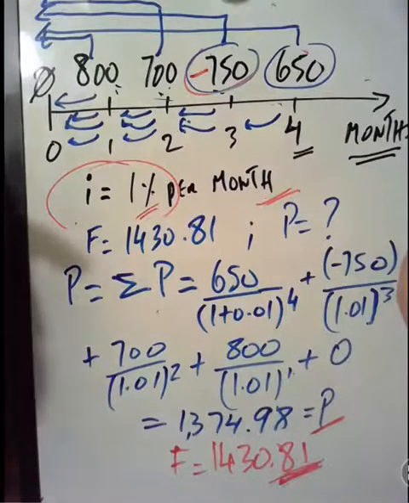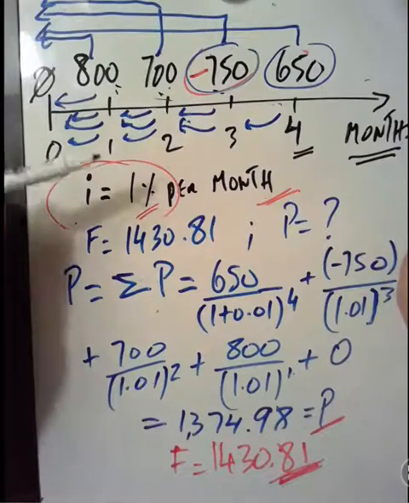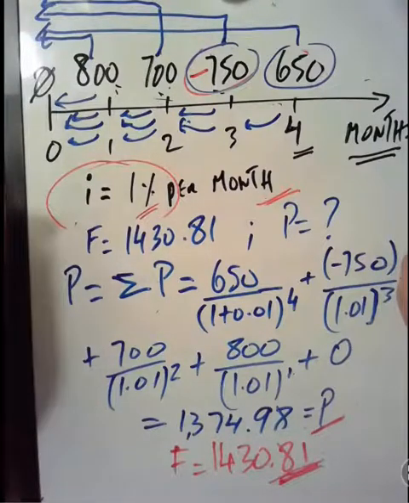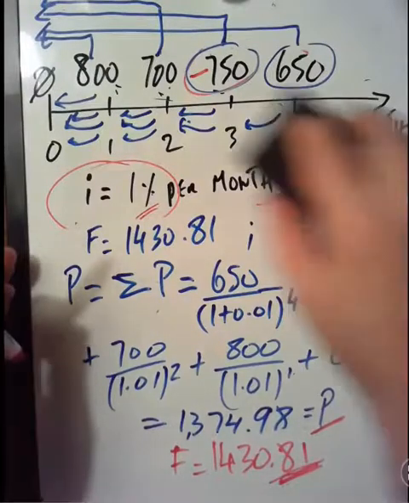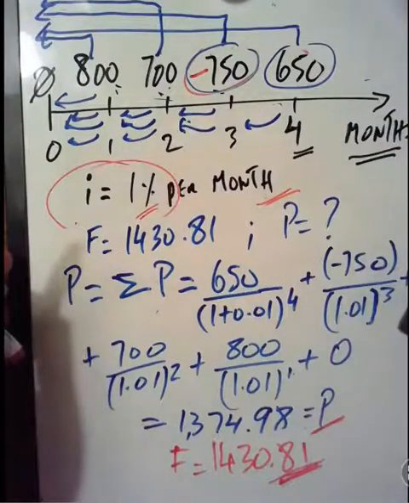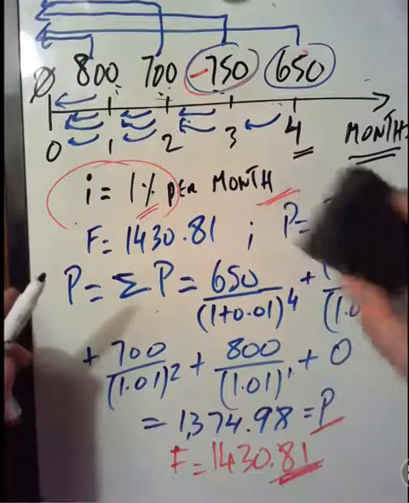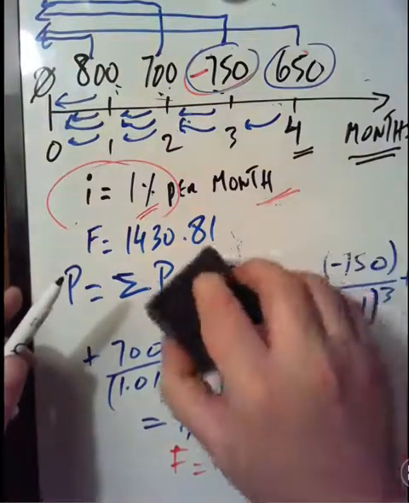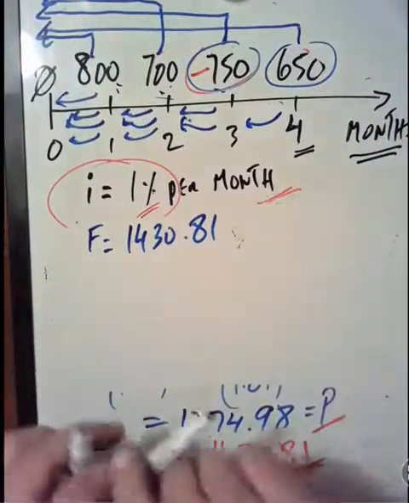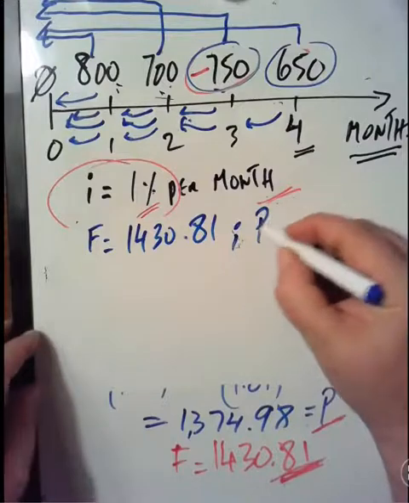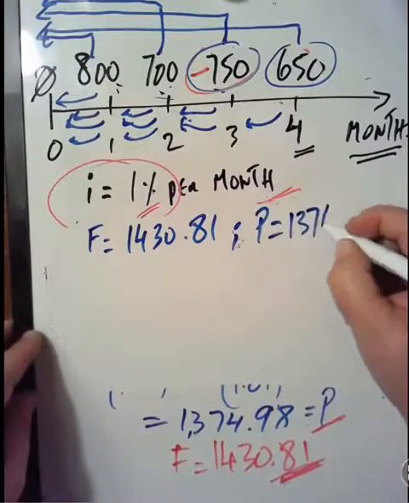I'll talk about annuities in more detail in the next video, but I'm going to give you already an insight into it. So we know that these cash flows are expected to happen over 4 months, and that the future value is 1430 and the present value is 1374.98.